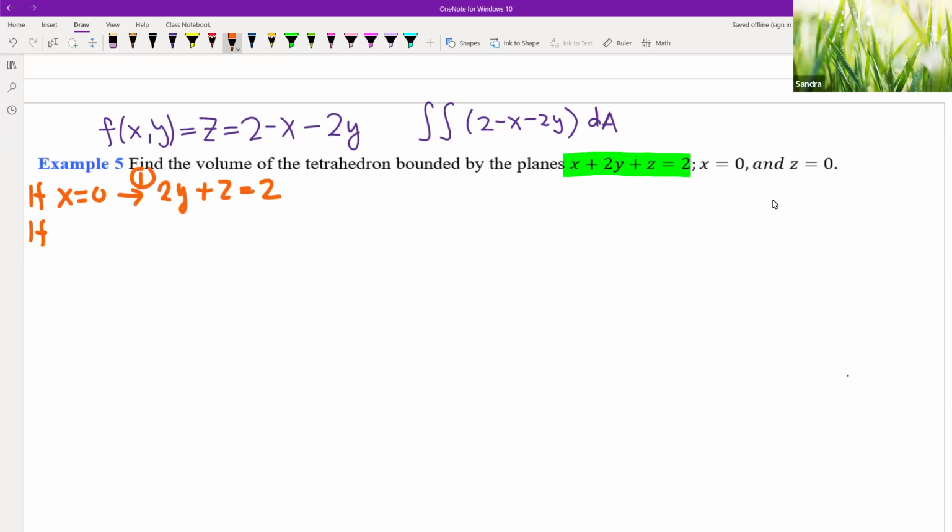If z equals 0, then I get x plus 2y equals 2. The order doesn't matter, but I want to follow that. And if y equals 0, then I get a third equation where x plus z equals 2.